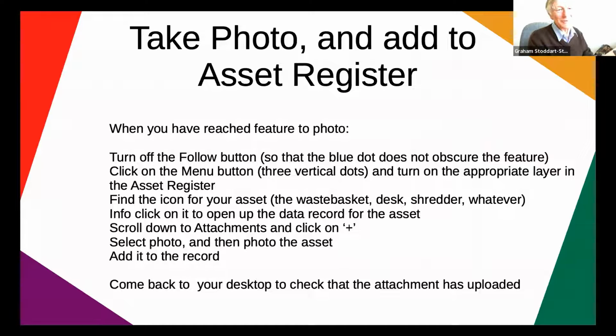So you're just going to move the blue dot out to one side. So you open up the record, take your photograph, add it in. And then if you've actually done this for real today, you can now go back into Parish Online on your desktop computer. You may need to refresh the screen just to get it all up to date, but then you'll find that the photograph has arrived.